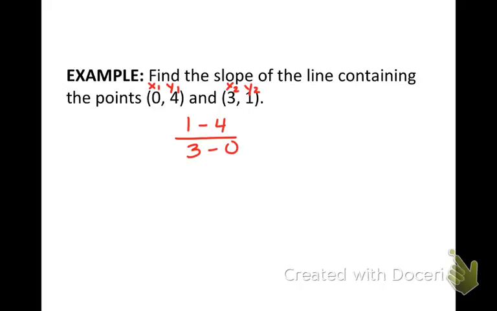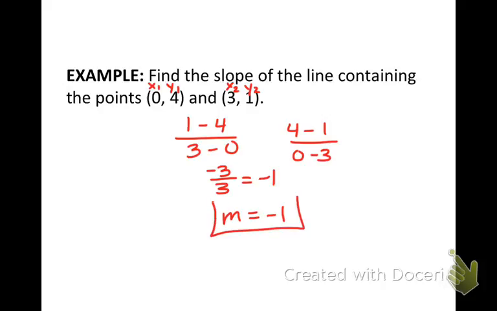If I did 4 minus 1, then what would be in my denominator? Yeah, 0 minus 3. So what do we get? Negative 3 over 3, which is negative 1. So your slope for those points would be negative 1.